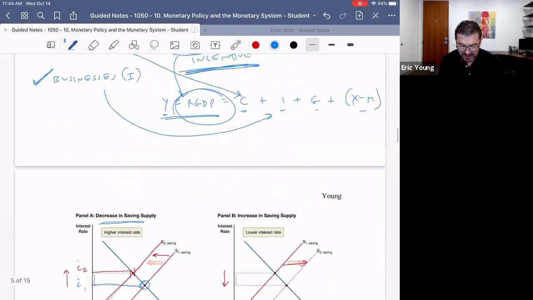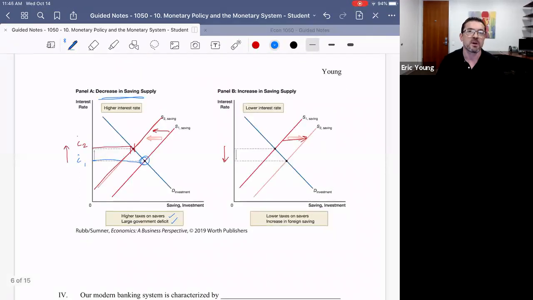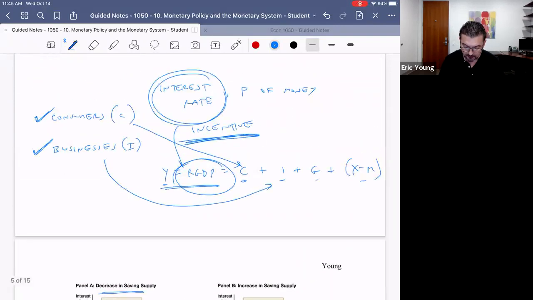Once you understand that, then all these different things about the supply of money and demand of money fall into place. Fundamentally, we go back to our key formula, Y equals C plus I plus G plus X minus M. We start understanding the importance of C and I. We understand the importance of interest rates as an influence on C and I. And now we understand that money supply and money demand and their interaction affects interest rates.